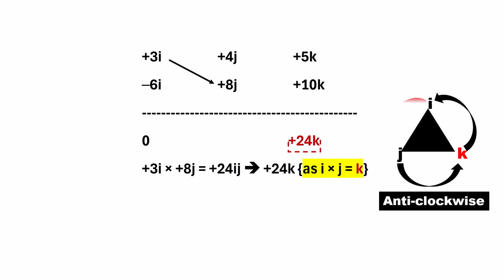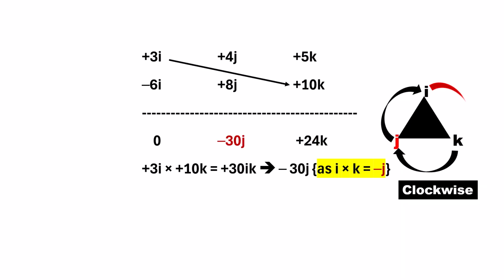Now next we will multiply 3i and 10k. 3 into 10 is plus 30 and i into k. Now i into k, you are moving clockwise. See the red arrow animation. i into k, you are moving clockwise. So i into k will give you minus j.